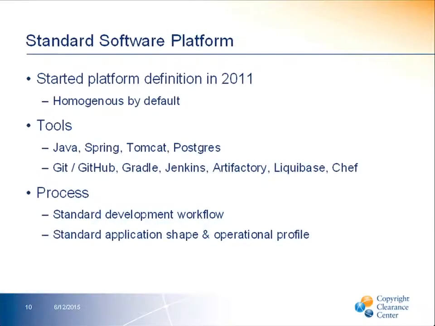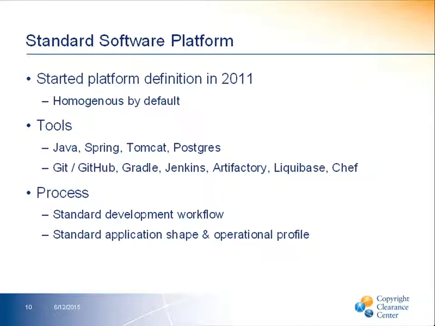So the standard software platform that we started, we said homogeneity is one of our key principles. You can have exceptions, but you need a clear, valid justification for it, and otherwise use the usual stuff. You see the kind of tools we would use, including Git, Gradle, Jenkins, Artifactory, and Liquibase. And we adopted not just tools, but the process around them.